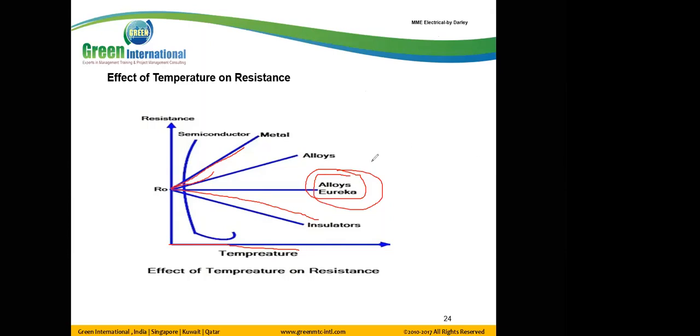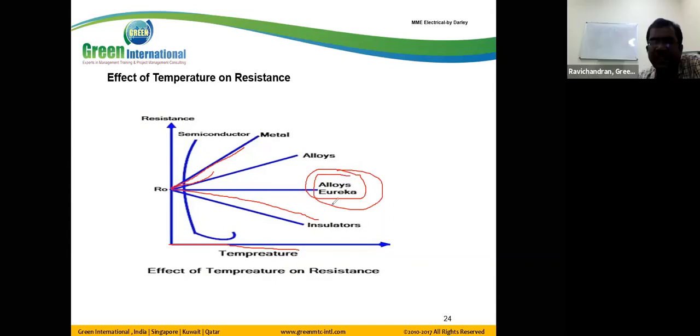From this slide, as the temperature increases, the resistance is constant. That means the resistance value is independent of the temperature. That is especially the alloy material, Eureka material. These materials are used in thermistors and in ammeters and voltmeters.